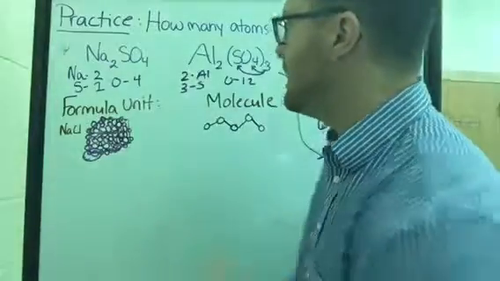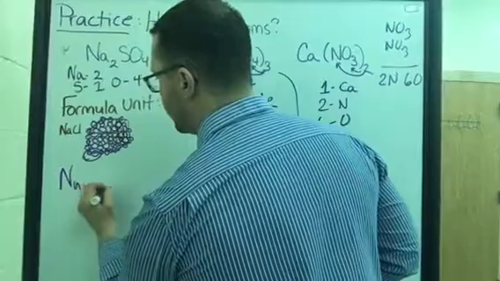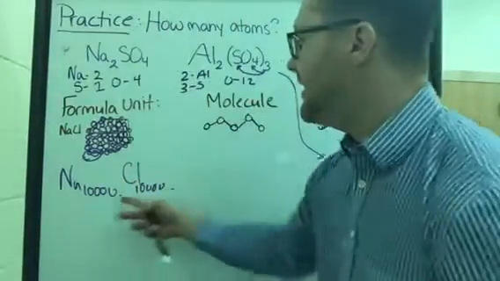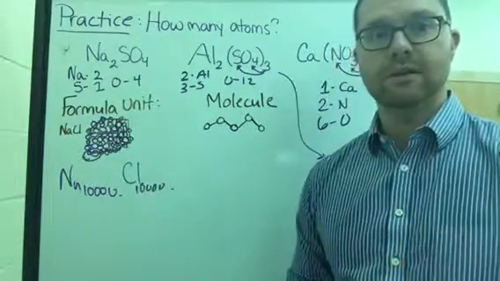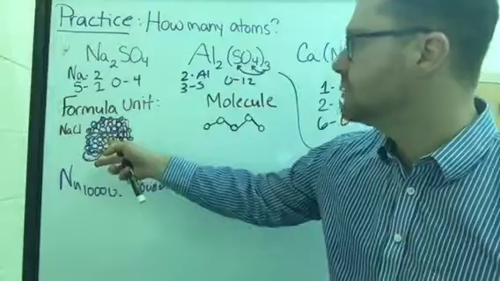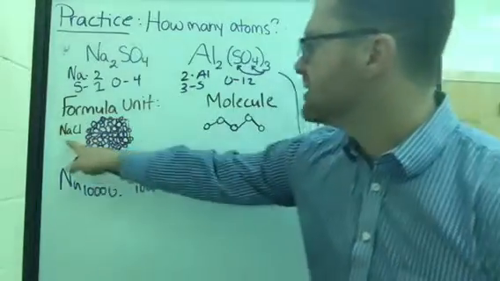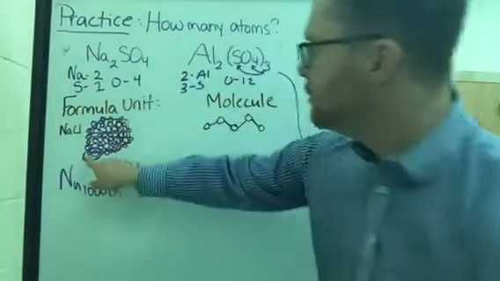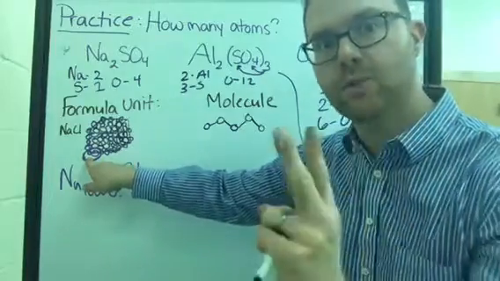We only look at that. Otherwise, we would say sodium 1 billion, chloride 1 billion, and that's too complicated. There is actually 6.0 times 10 to the 23 formula units in 1 mole of sodium chloride. So the reason that we say sodium chloride is we look at just one of those ratios. So for every 1 sodium, there's 1 chloride.